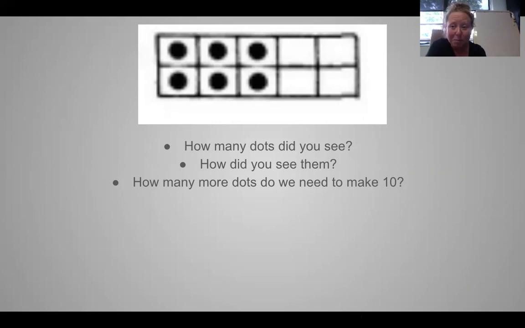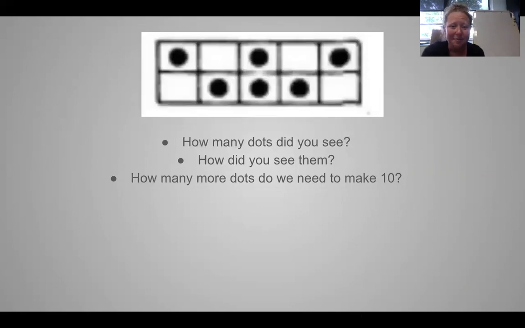If you need more time, push pause. How many dots do you see? How do you see them? How many more dots do we need to make 10?